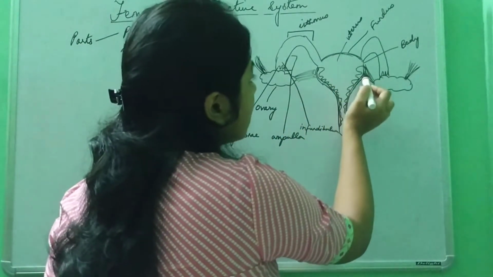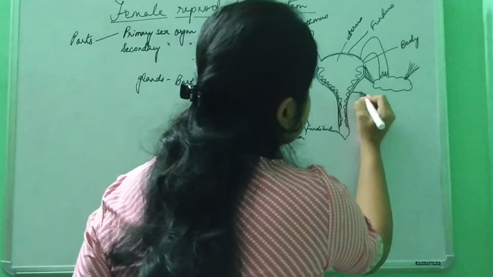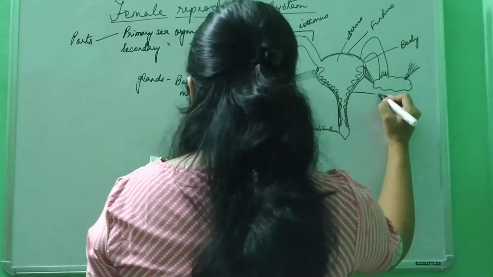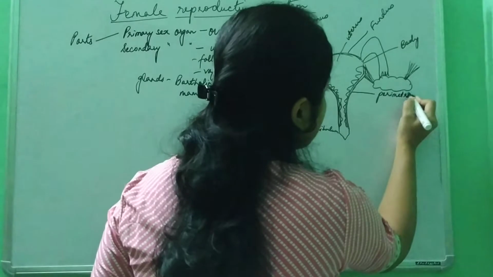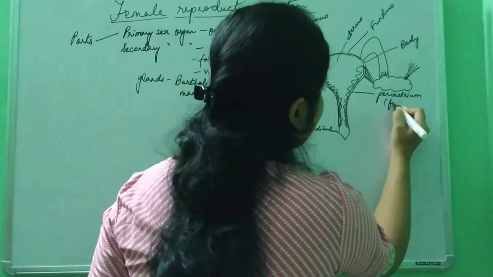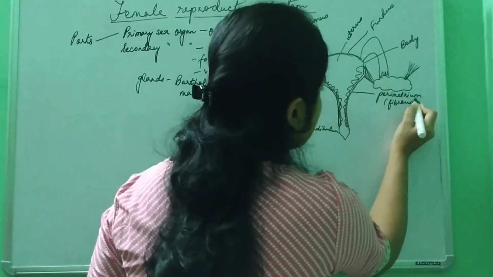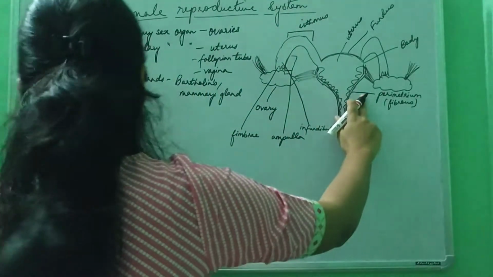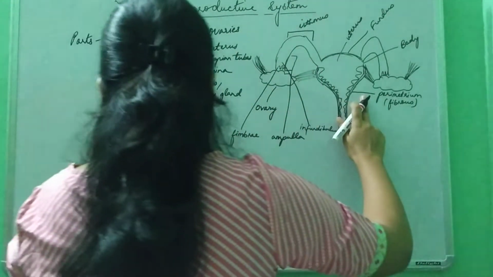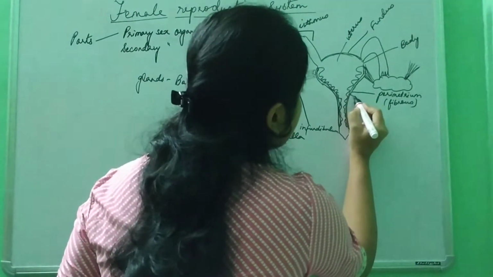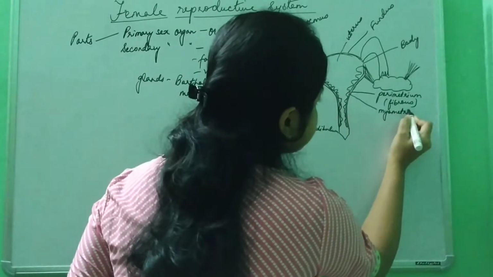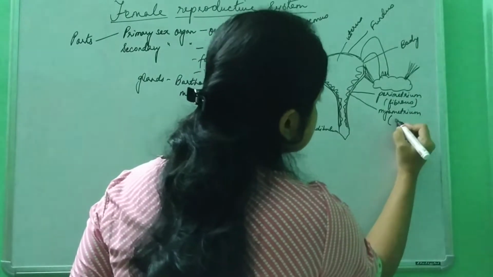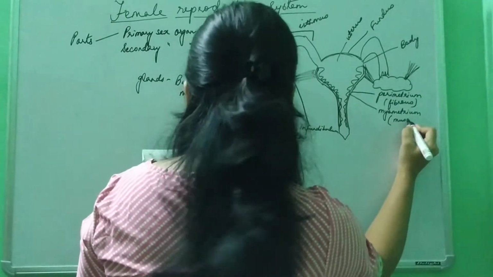The outer wall is known as the perimetrium, and this wall is fibrous in nature. The middle wall is the myometrium, and this is muscular.